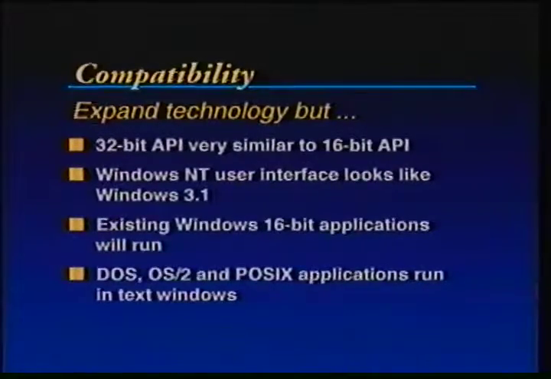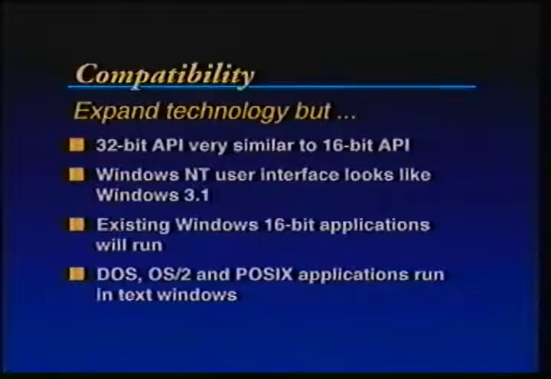As programmers are finding out already, the 32-bit API, which comes with Windows NT, is very similar to the 16-bit API of Windows 3.1. And in fact, there's some excellent documentation that tells you exactly where in your application you need to make changes to get it to recompile and run under NT.